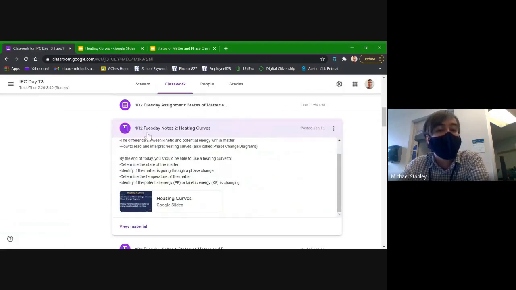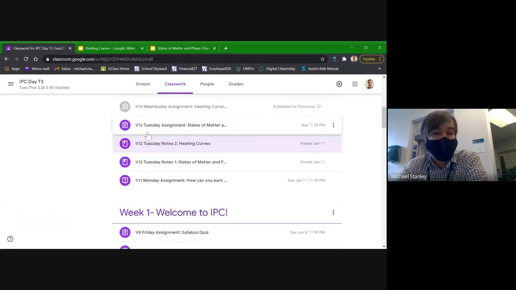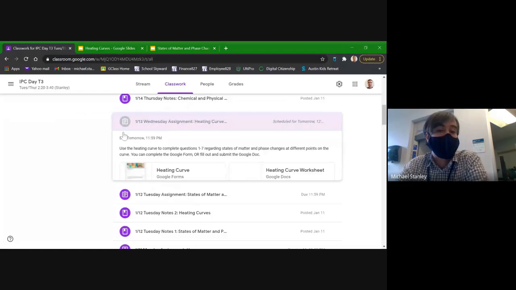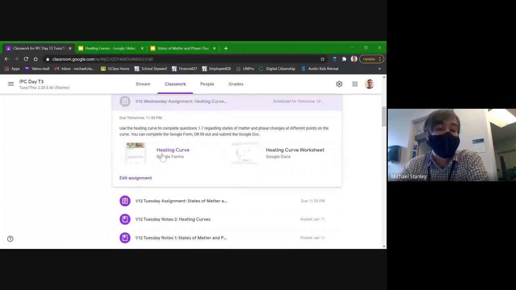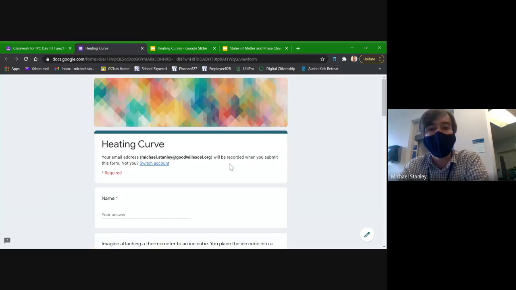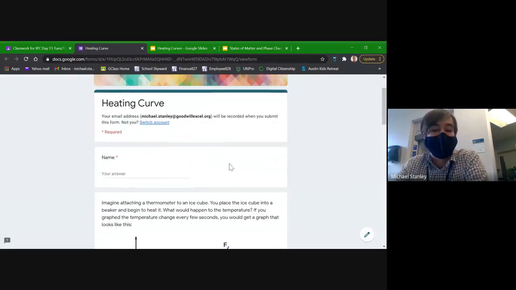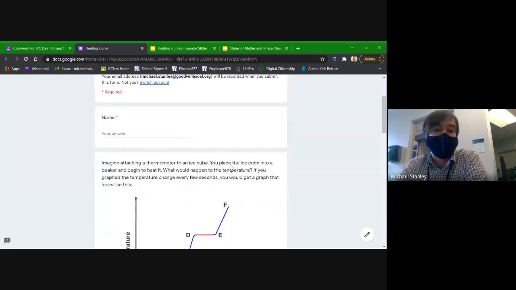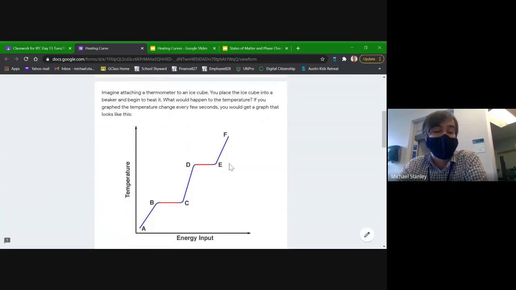If you're still confused. So the reason why I bring that up is because Wednesday's assignment is specifically about heating curves. It's set up a little bit differently than the heating curve we were just looking at, but it has the same basic parts. And again, it says we're attaching a thermometer to an ice cube.